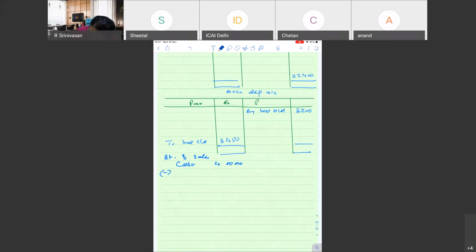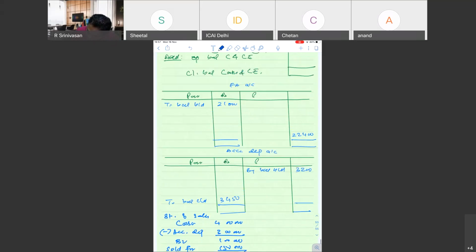Cost 4 lakhs minus accumulated depreciation 3 lakhs, so the book value is 1 lakh. Sold for 150,000. Profit on sale 50,000.